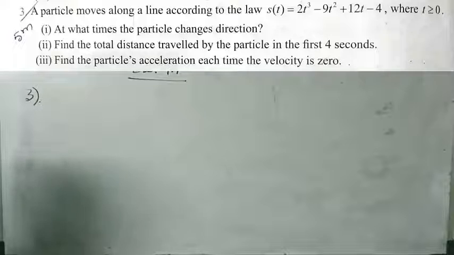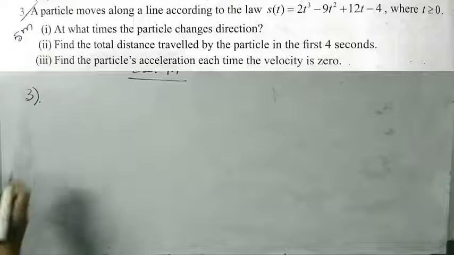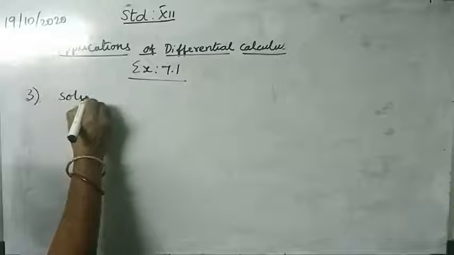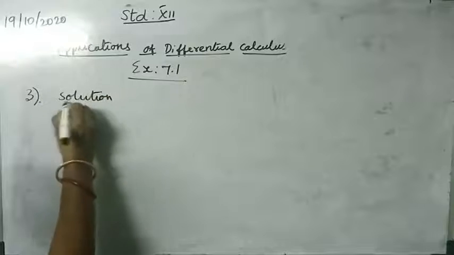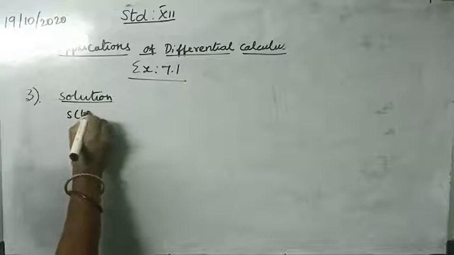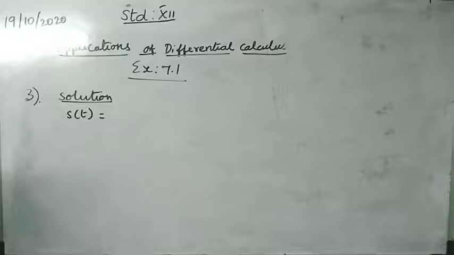At first, let us take the function s of t. To solve this problem, first let us take a solution. What is given? S of t. This is referred to as the distance of a particle moving along a line.